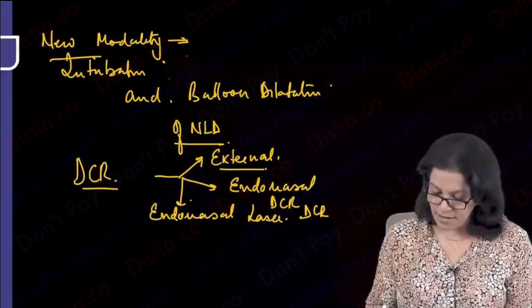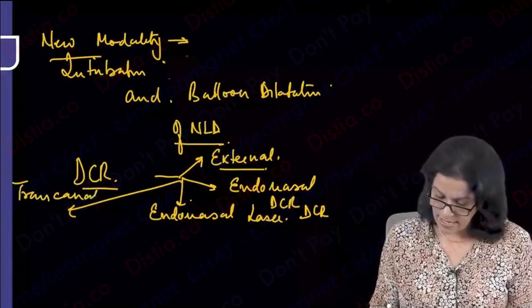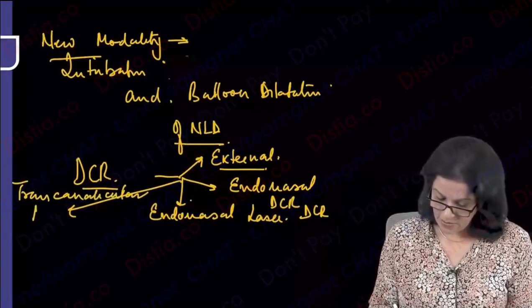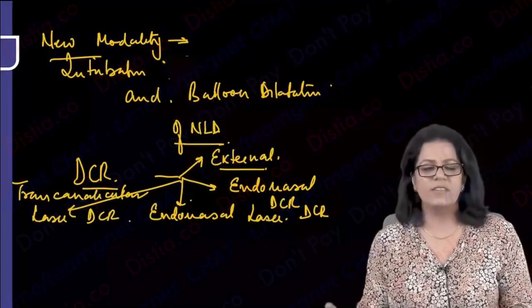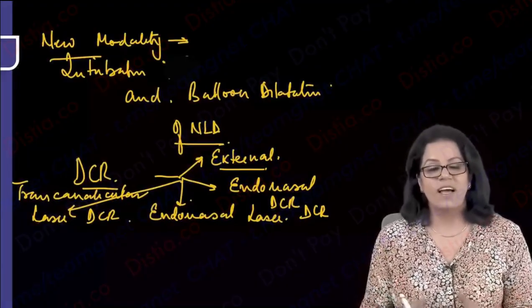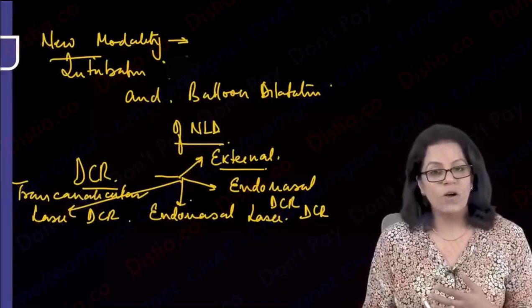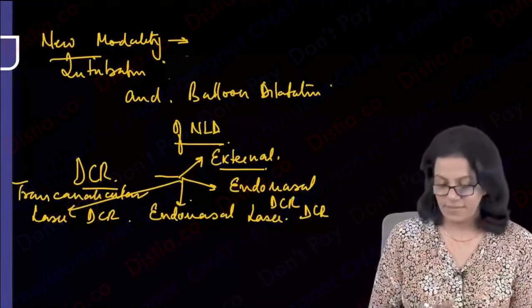That becomes your transcanalicular laser DCR. Okay. So I'll be showing you the slides. We'll write more around it. Just as of now, if you want, you can just note it down. It can be external, or endoscopically through endonasal, or endonasal through laser, or it could be transcanalicular laser.